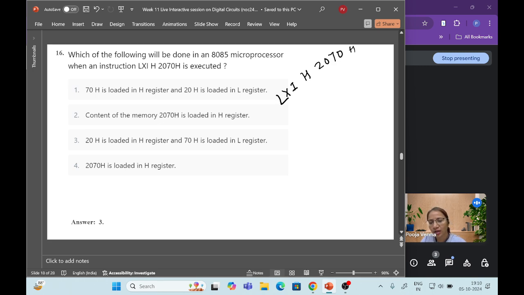I can write it here so that others can understand.